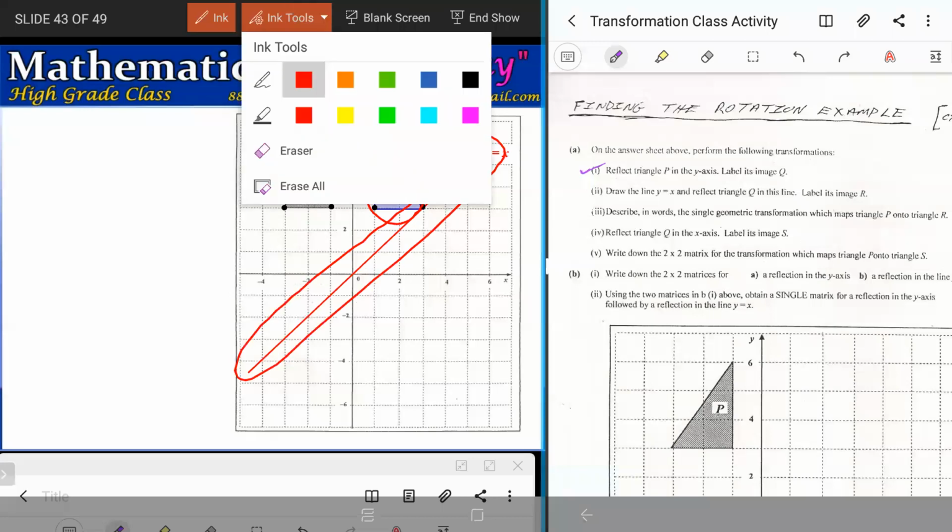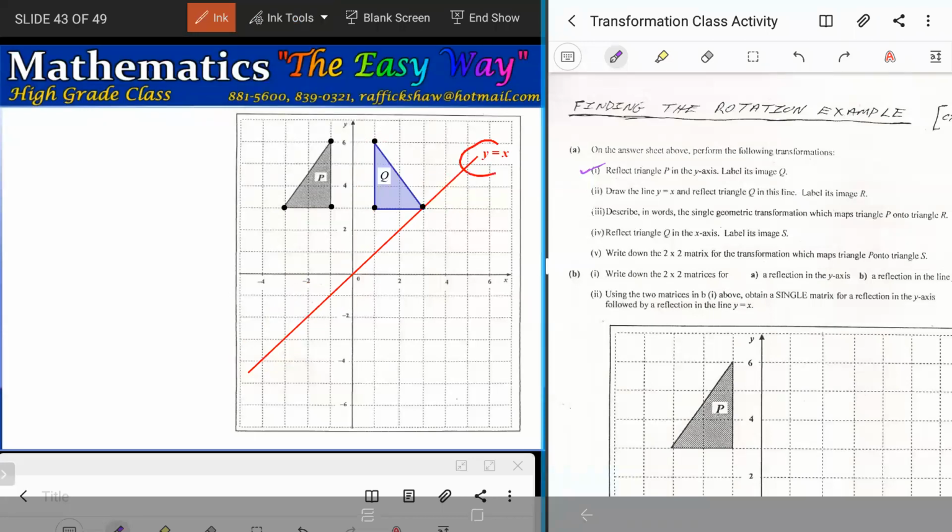But if you know that when you reflect in the line y equals x, the x and y values interchange. So for example, a point that is (x, y), when you reflect in line y equals x, it goes to (y, x). And it comes back to the knowledge we have with functions, that the relationship between a function and its inverse is a reflection in the line y equals x.